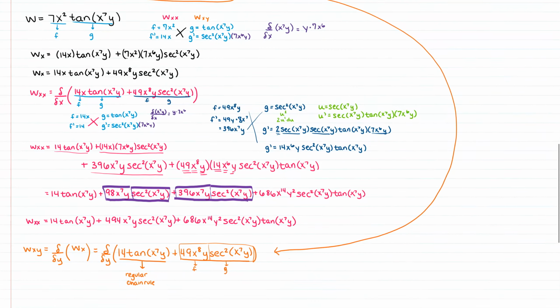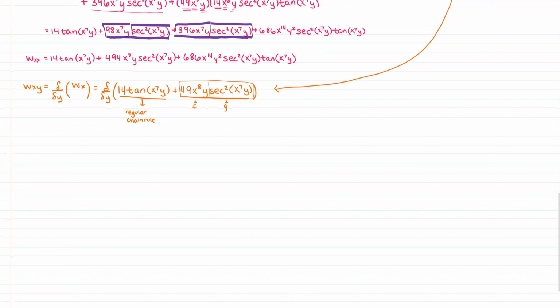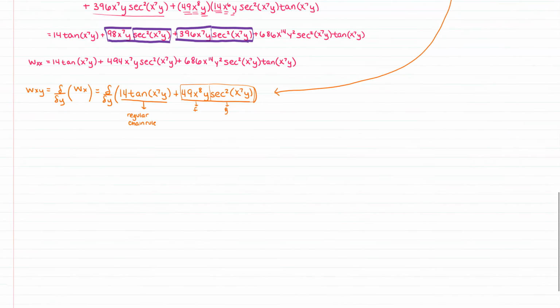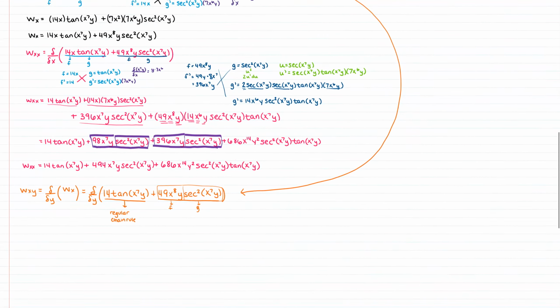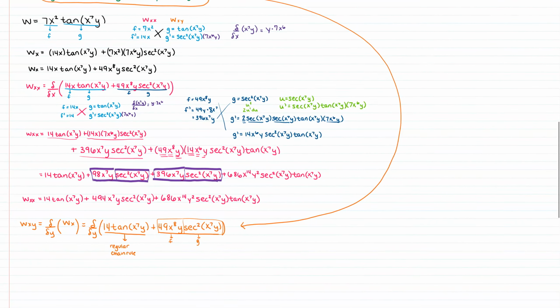Alternatively, when it's a smaller derivative, I would say go ahead and try to do it again just to double check yourself. But in this case, we've basically spent 30 minutes on the first 3 second order partial derivatives. Like, let's save ourselves the 12 minutes of doing this 4th second order mixed partial derivative.